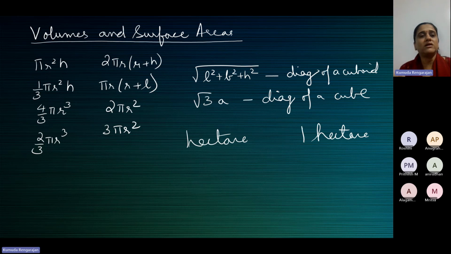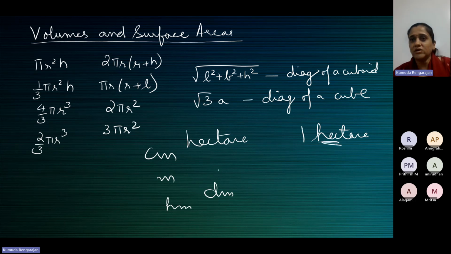For length, you will say 1 centimeter, 10 centimeters, meter, hectometer, decimeter. These are units for length, one dimension. You cannot measure the length of something and say 1 hectare. Hectare is a unit for area.